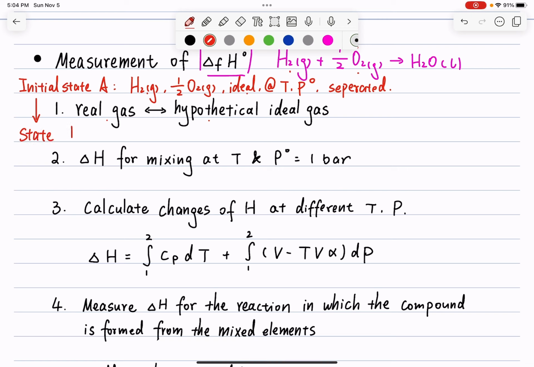So let's say our state B will be transferring the ideal gas to a real gas. So we now have H2 gas and 1/2 of oxygen gas, real, at a certain temperature and pressure, separated.